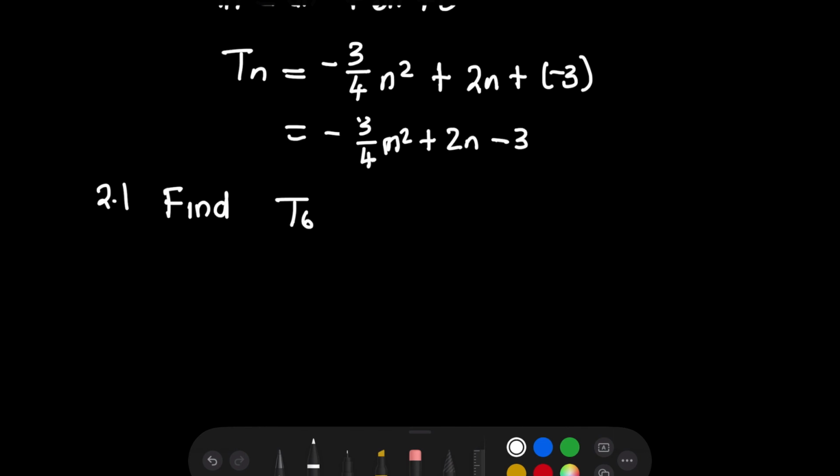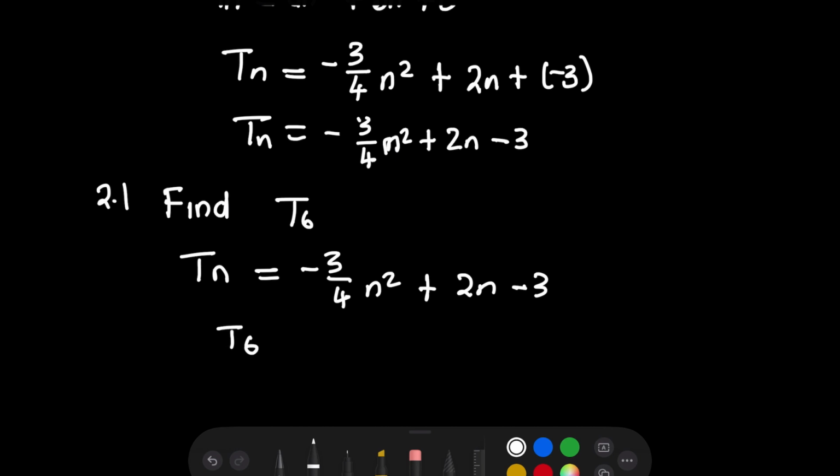We're going to copy our general formula here, and then substitute 6 to get the value of term number 6. Therefore, T6 is equal to -3/4 multiplied by 6 squared plus 2 multiplied by 6 minus 3.